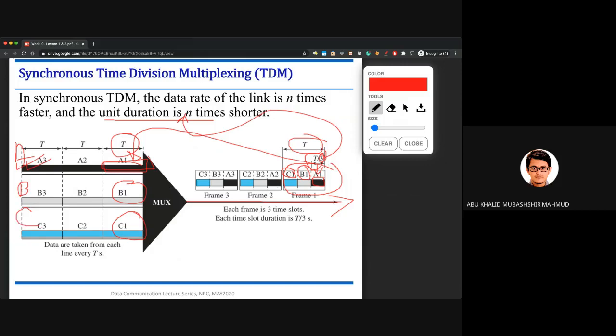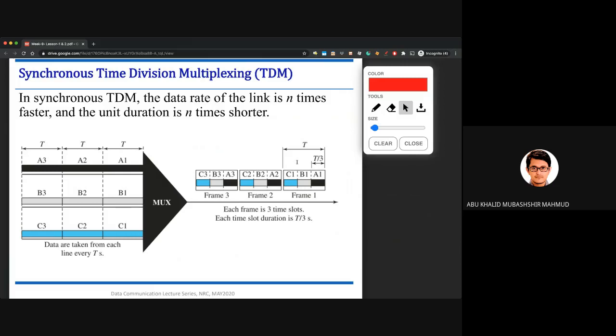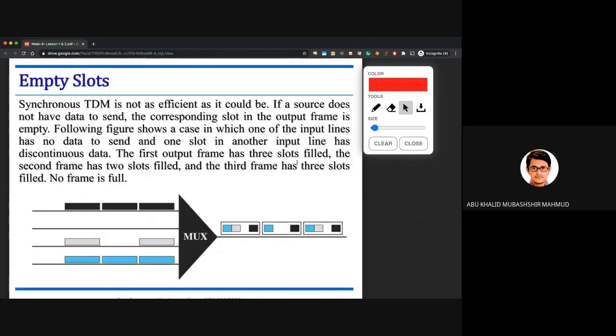So this is much shorter than previously considered, but the data rate is n times faster. During this same time period we are sending 3 data units, so it is 3 times faster in this case. So I hope you get this concept. So let's move on forward.